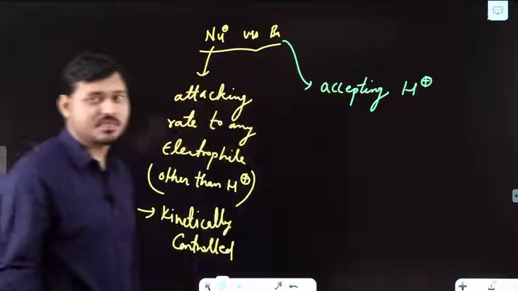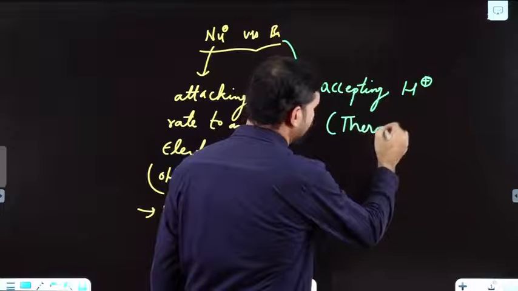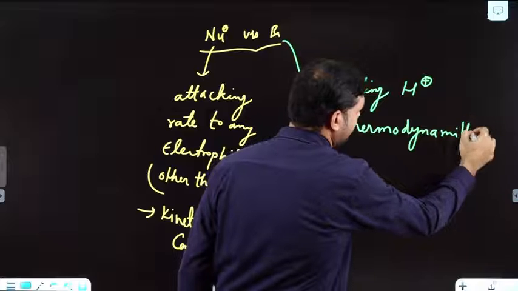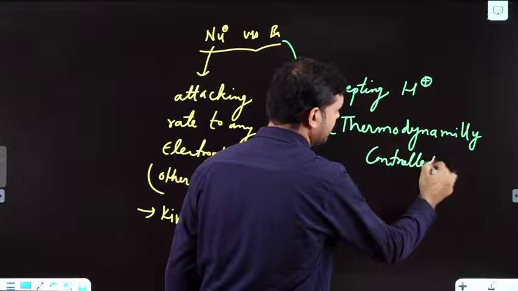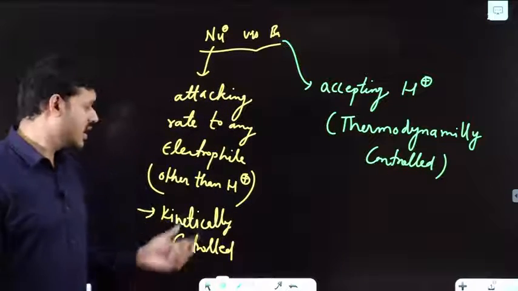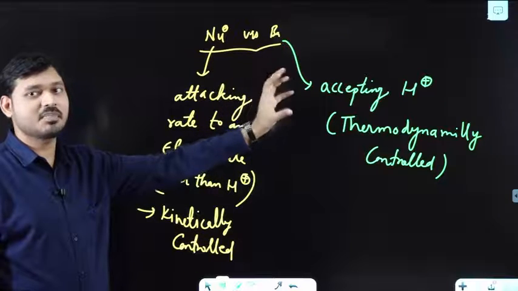So it is a thermodynamic phenomenon, thermodynamically controlled. It is a major difference. Nucleophilicity is about rate, while basicity is a thermodynamic phenomenon, simply said as accepting H plus.